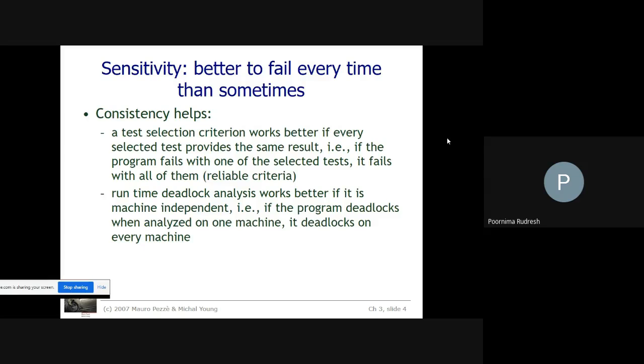So for that we are considering consistency. Consistency means what, I'll explain first. Here we are to check the consistency.